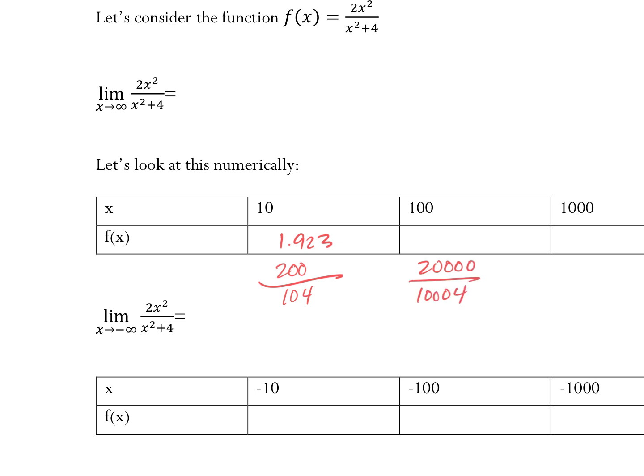Are we comfortable with what's going on here? What's happening? This limit is 2. Is everybody okay? And because this is an x squared, do you mind if I skip this part because the squared becomes positive? All right.